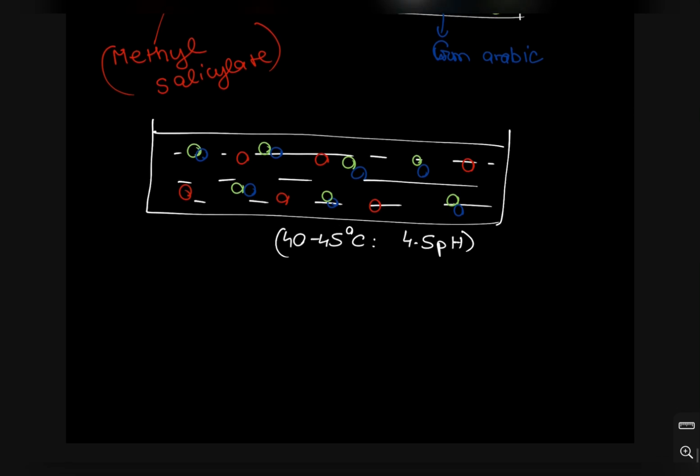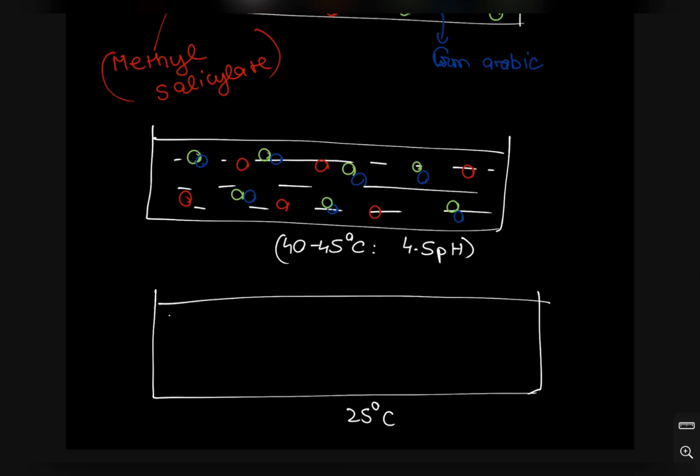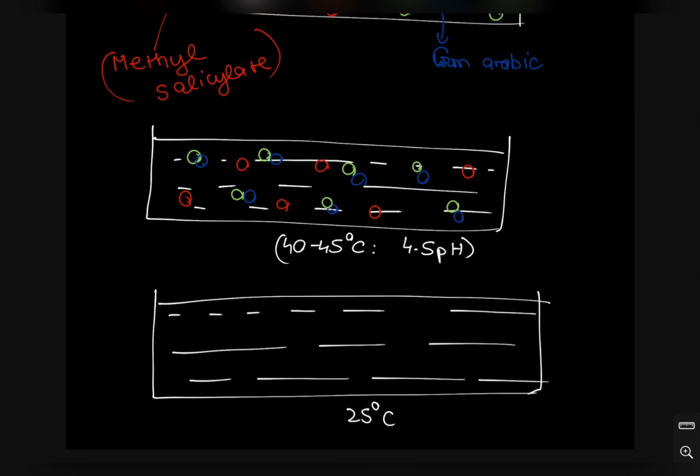Okay, so what you do is you form these complexes, and then you start cooling the solution down again. So as I said, a temperature component will come into this. So you just cool it down to 25 degrees Celsius, and what you will see is you have these core materials here, and what you have around them is a coating of a complex, right?